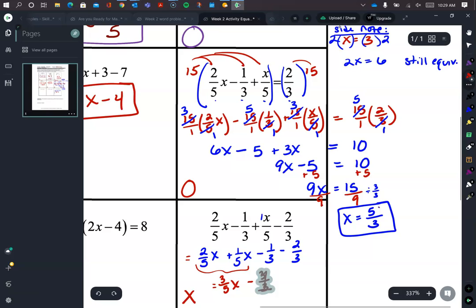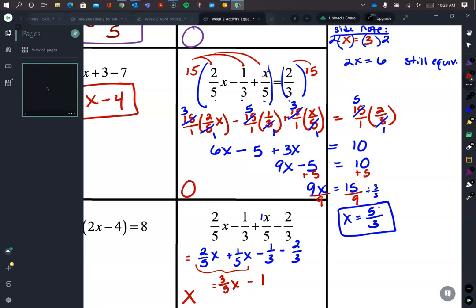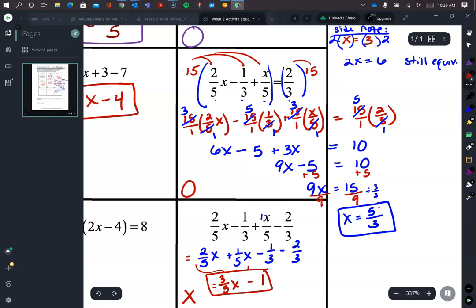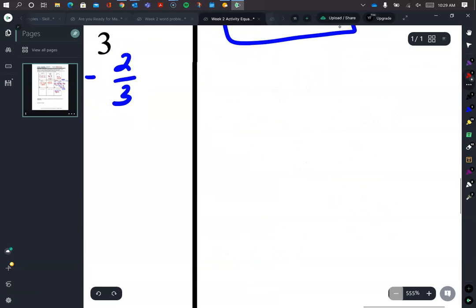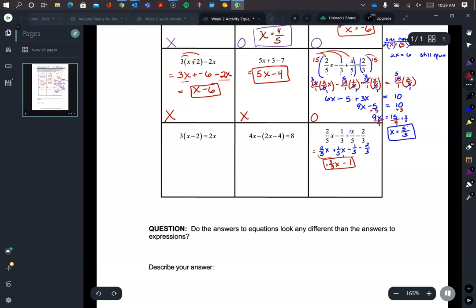Because I'm going to divide top and bottom by 3, or just know anything over itself is 1. So that would be my answer there. This x is just noting it's an expression. I'm going to just move that down a little there so it's out of the way and it doesn't look like it's part of the problem.